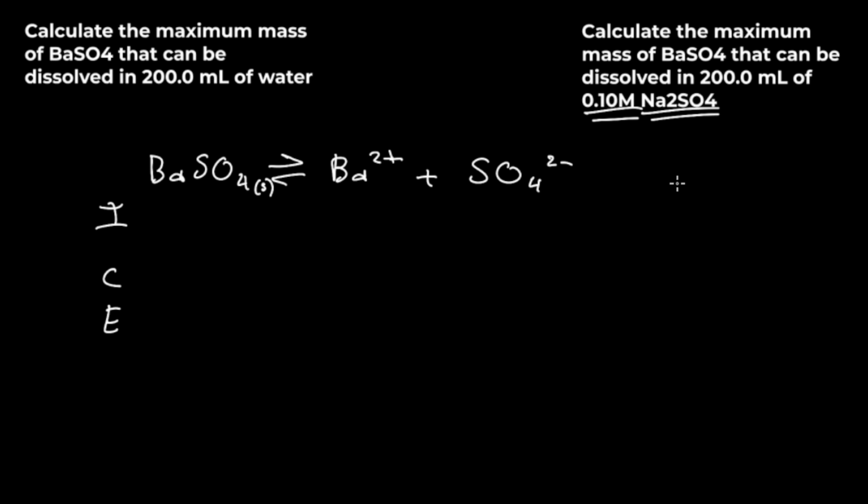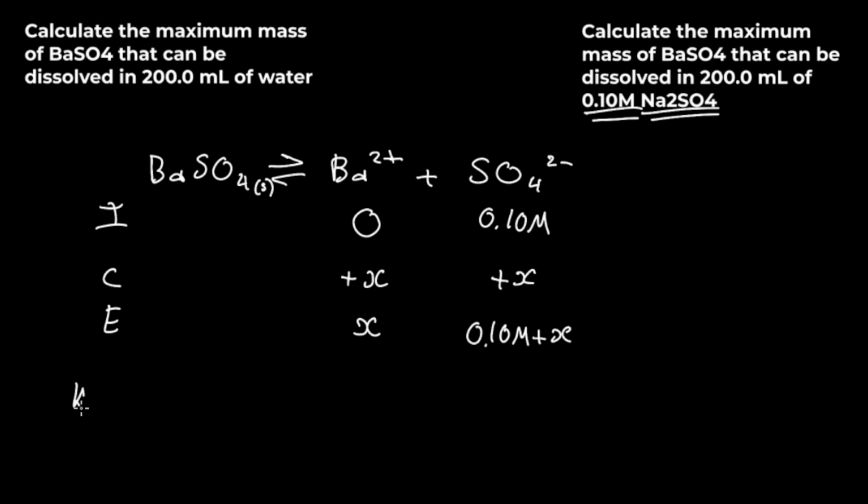That means the concentration of sulfate is going to be 0.1 molarity initially. We have no Ba2+ initially. We add Ba2+. Remember, this is all 1 to 1, so we're adding X, and we're also adding X to this one. That means at the end we'll have X here, and 0.10 molarity plus X.